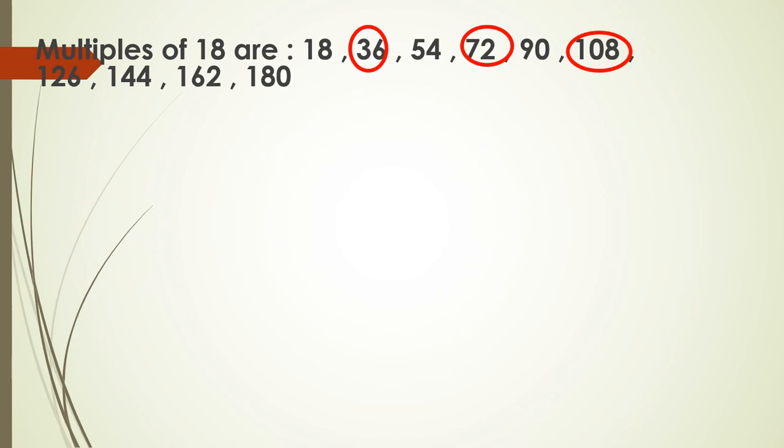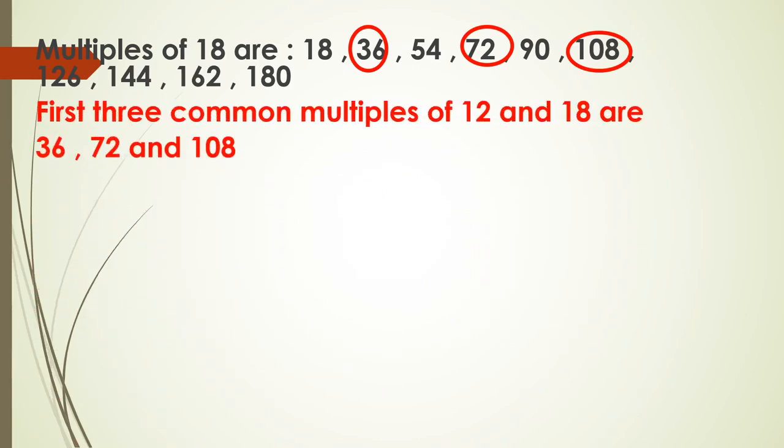Then see the first 3 common multiples which are present in both. They are 36, 72 and 108. More than this is also possible, but we have to write only the first 3. So we have found only the first 3. Okay?